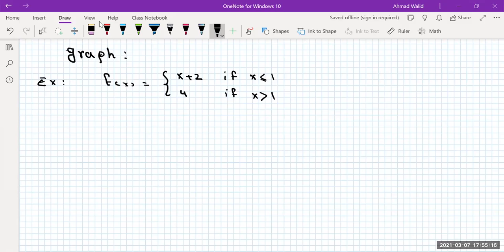They're asking you to graph them. Both of them are linear, right? These are the easy ones.